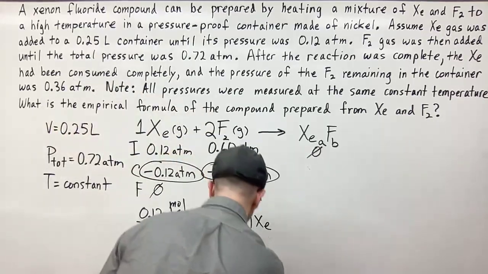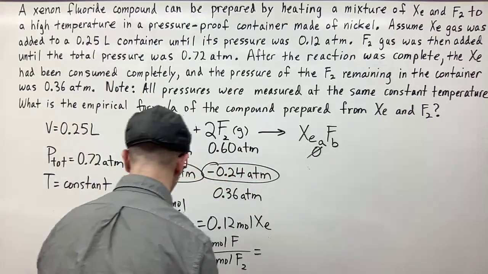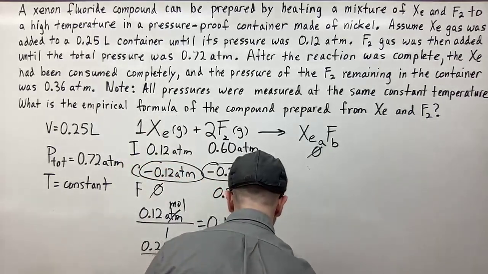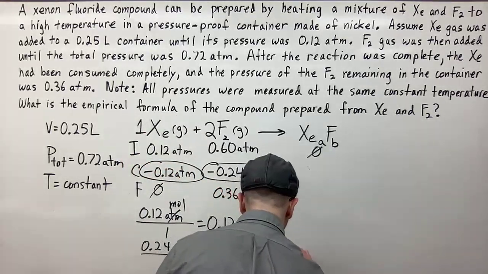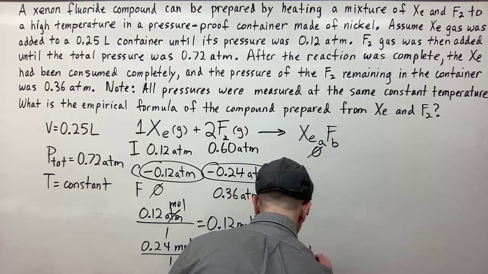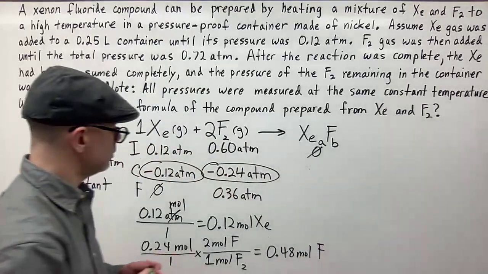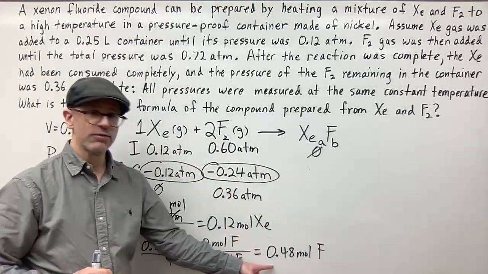So I just double the number of moles. This is going to be 0.48 moles of fluorine.